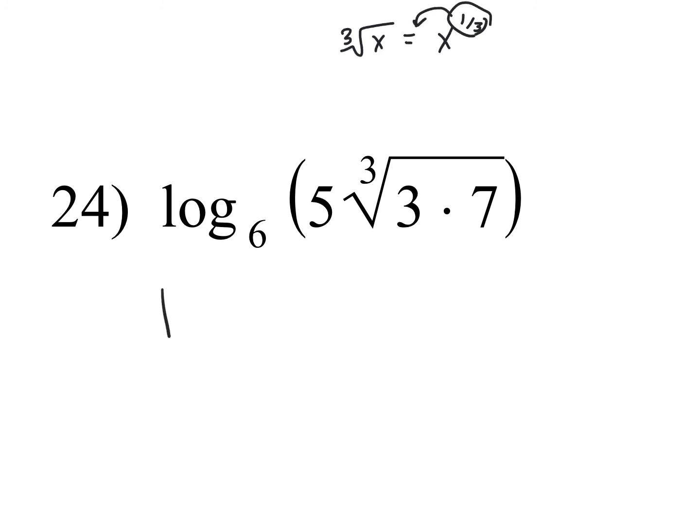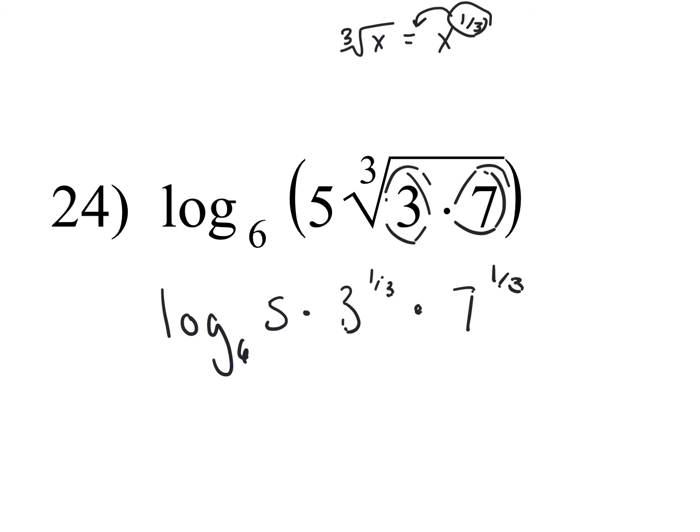So this is like saying log base 6 of 5 times 3 to the 1/3 power times 7 to the 1/3 power, because both the 3 and the 7 are underneath, so they both get that 1/3 power. Now, what goes with multiplication to break it apart? Addition. So we have log base 6 of 5 plus log base 6 of 3 to the 1/3 power plus log base 6 of 7 to the 1/3 power.